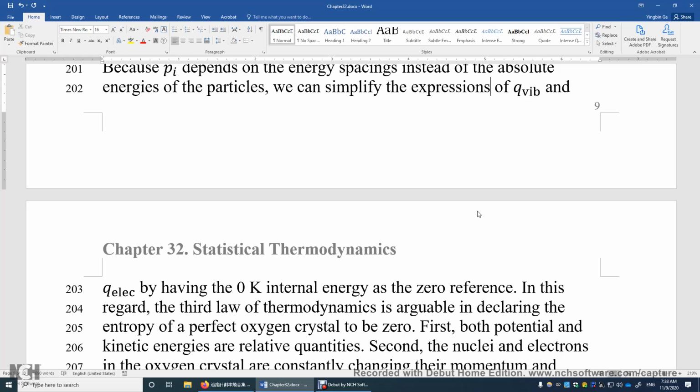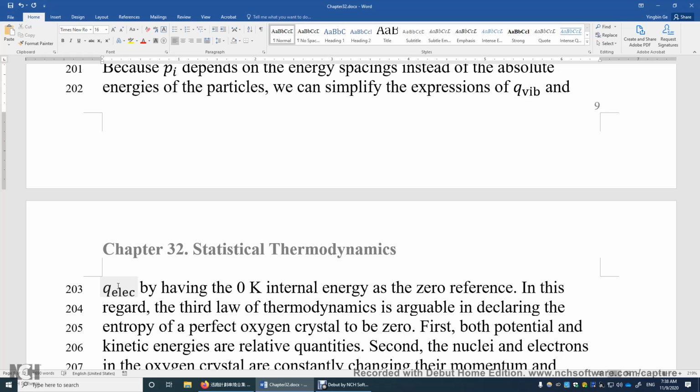And also we say this Q of the electrons is 1 by setting the 0 K electronic energy to 0. We use the 0 K electronic energy as the zero reference for the electronic partition function.